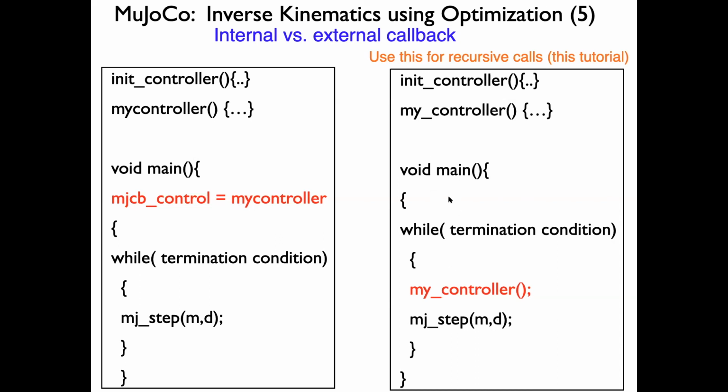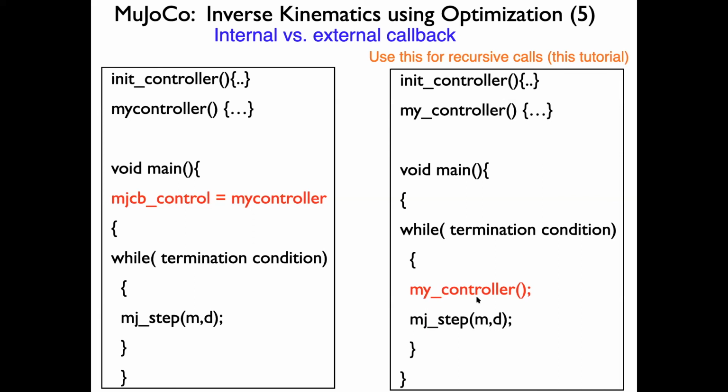The approach on the right side is different. Here I don't have this mjcb_control callback. It's not an internal callback, it's an external callback. In my while condition, I called my controller and then mj_step. What this does is it sets the controller first. So it computes the torque, or in this case, the control command, and then uses that to propagate through mj_step.